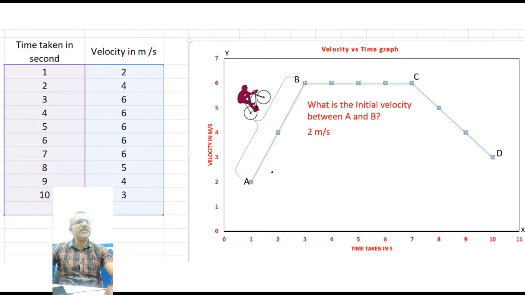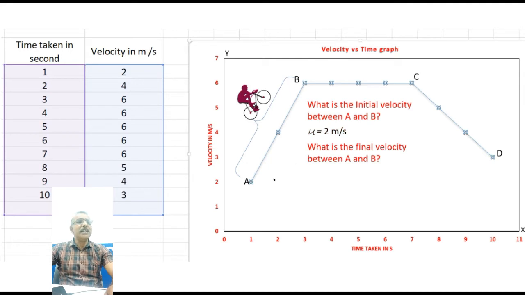So we can straightaway write 2 meters per second. What is the initial velocity representation? That is u. u is 2 meters per second. Please remember, I am reminding you again, we are not in a distance-time graph, we are in a velocity-time graph.